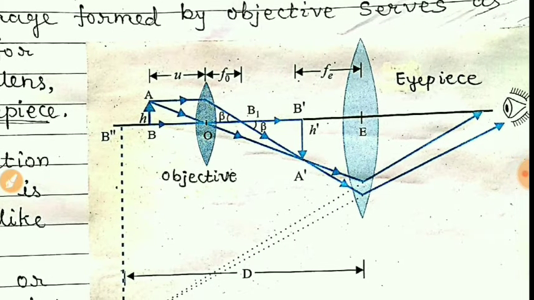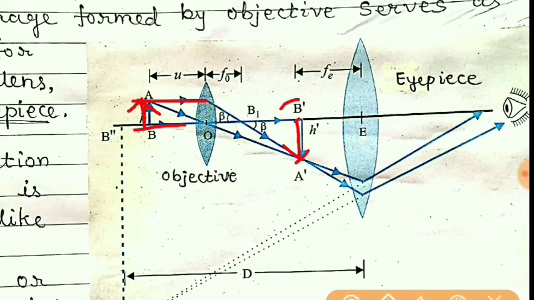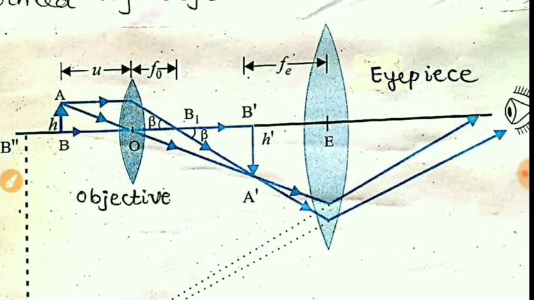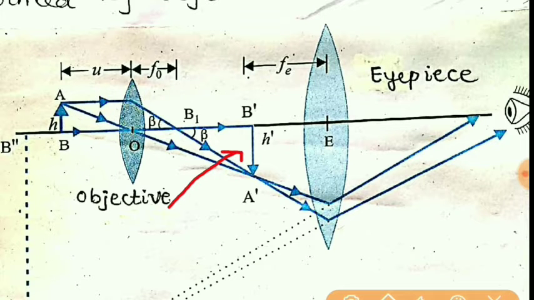Now what happens when the object is placed here? When the object is placed here, the image is formed at this point. The object is denoted here by AB, and a real and inverted image is obtained due to this objective lens. So first this image is obtained due to the objective.